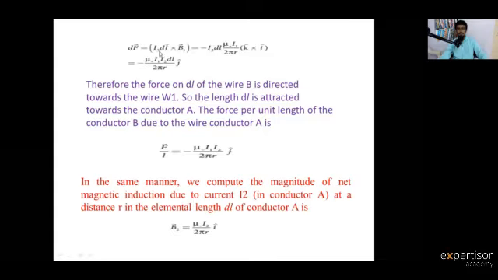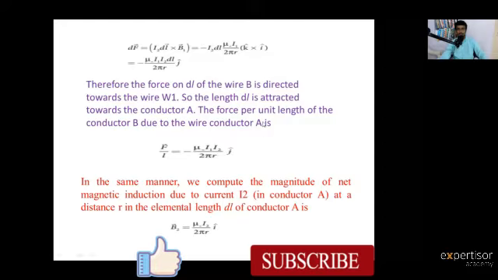Here I2 means the current flowing through the second conductor. So why is I2 entered here? Actually this is B1, and definitely there is an I1 current. Why is I2 entered here?